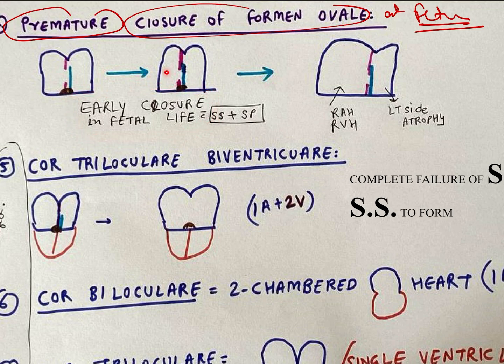Because of this, right atrial blood is not able to shift into the left atrium. Hence right atrial as well as right ventricular pressure will increase and there will be hypertrophy. As the left atrium is getting less blood, left atrial as well as left ventricular atrophy will start.